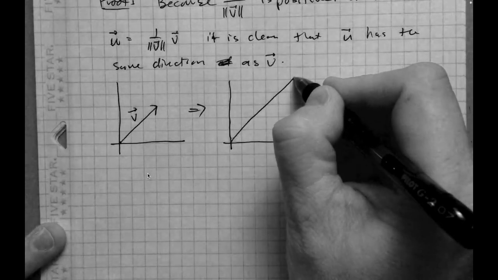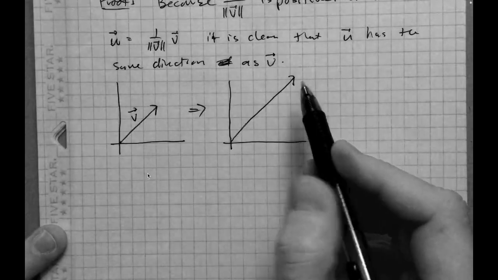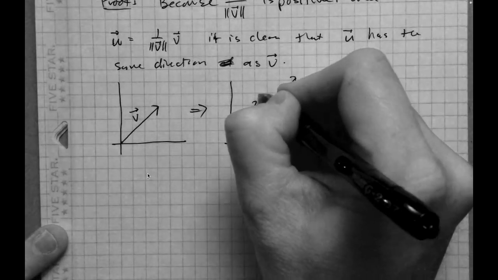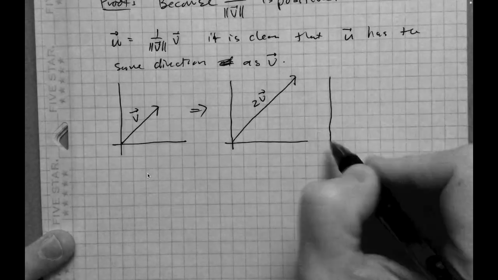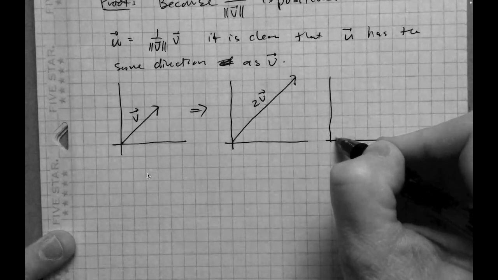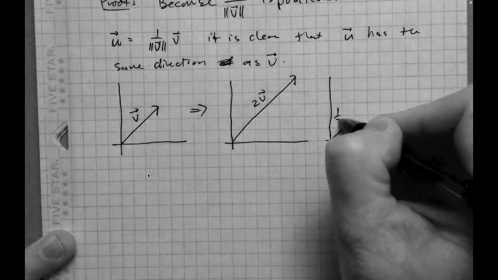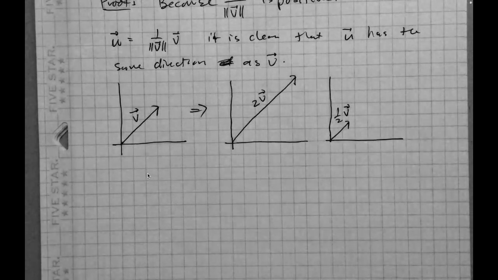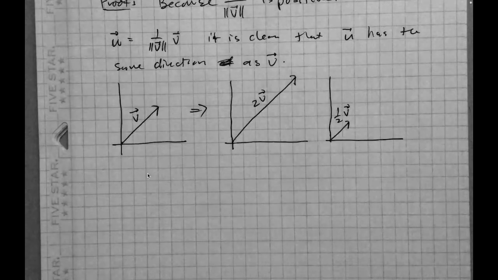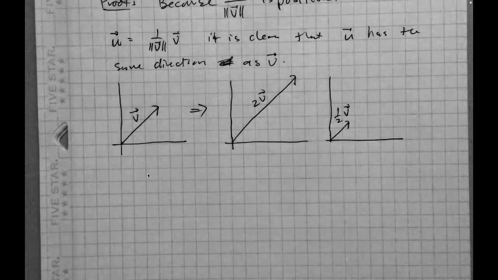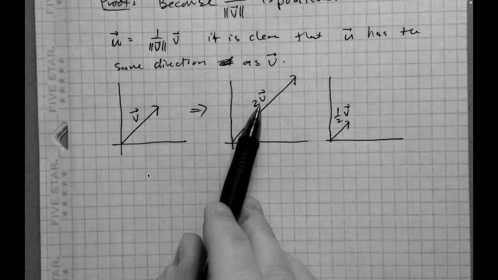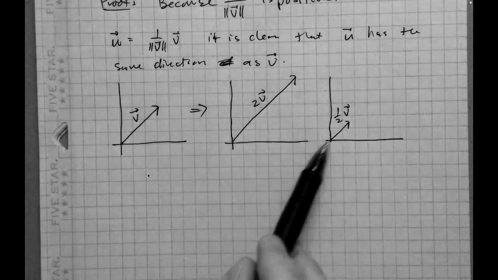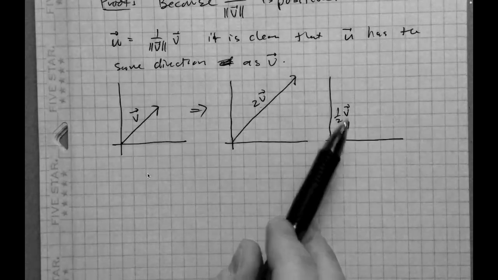Well, I get a vector in the same direction that's just twice as long. Similarly, if I multiply by a fraction, I get something that's shorter. So multiplication by a positive scalar just changes the length of the vector, making it longer if you're multiplying by more than 1, and shorter if you're multiplying by a fraction less than 1.